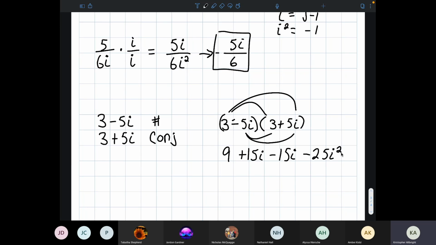So this is going to simplify down. These are going to cancel. We end up with 9 minus 25i squared. And if you'll remember, i squared is just -1. So I'm going to substitute it out right here. So we do 9 plus 25, which is going to give me 34.